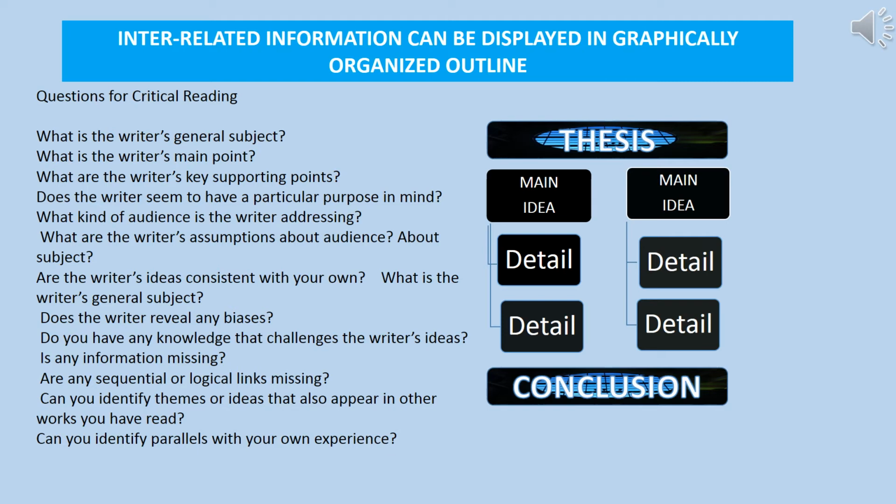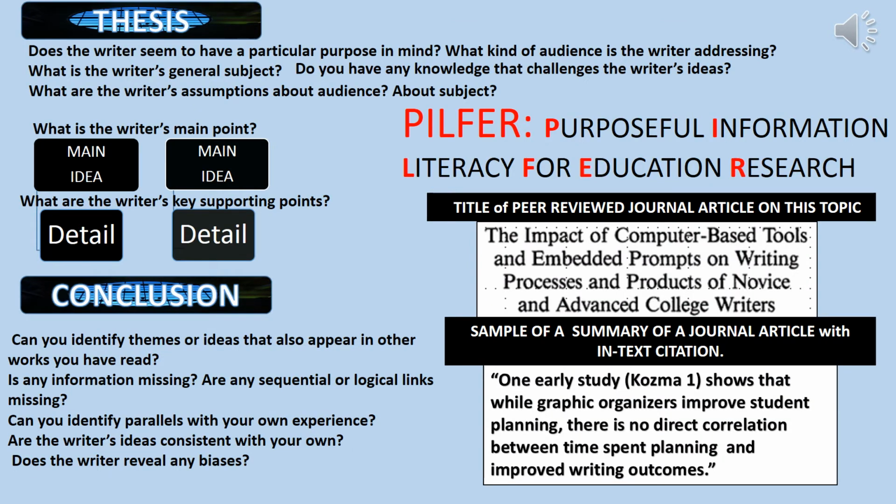We look at all these little bits of information and we try to classify them: which ones we think would most likely fall into the thesis category, which ones we can use to create our main ideas, and which ones we can then use to detail our ideas, our thoughts, and make more of a conclusion. So we're always classifying bits of information, which is exactly what I did for you here.